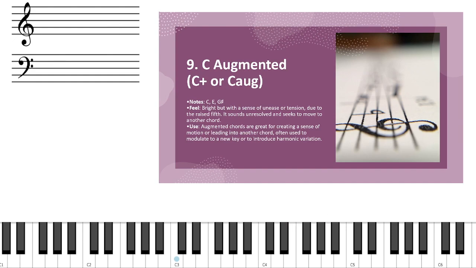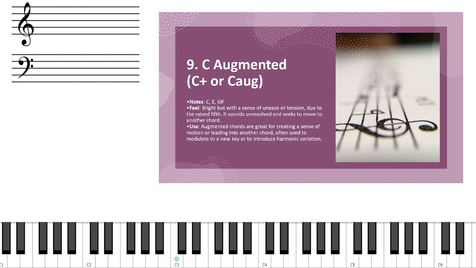So you could use it moving from a C major to A minor, like this. That's A minor right there, just an inversion of it. Or you could use it when going to an F major.